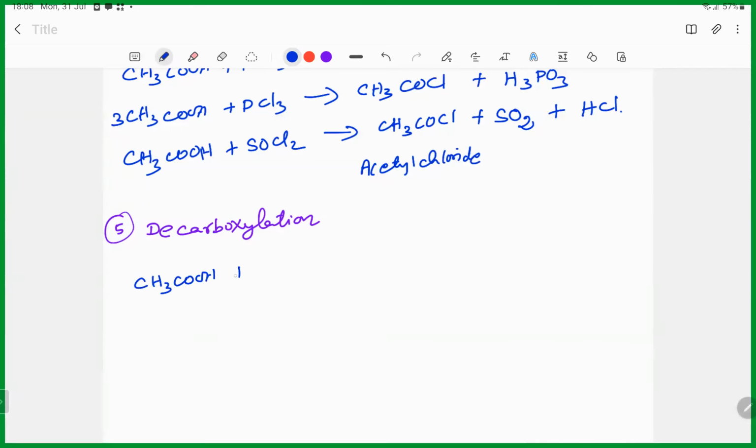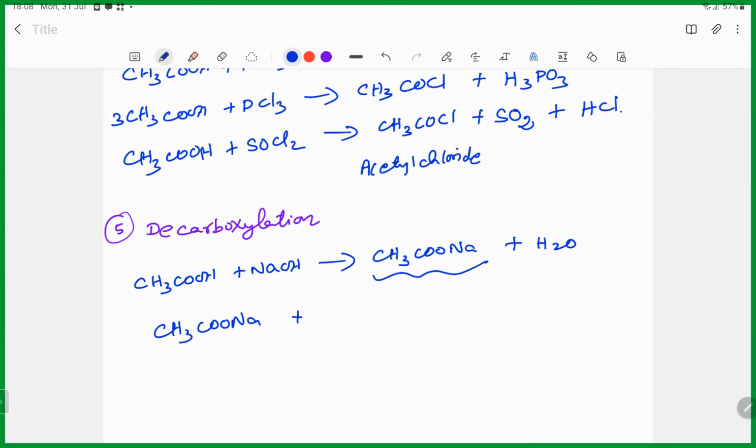CH3COOH, when you treat it with sodium hydroxide, gives CH3COONa plus H2O. This is the sodium salt of the carboxylic acid. That sodium acetate is treated with sodium hydroxide and calcium oxide on heating.